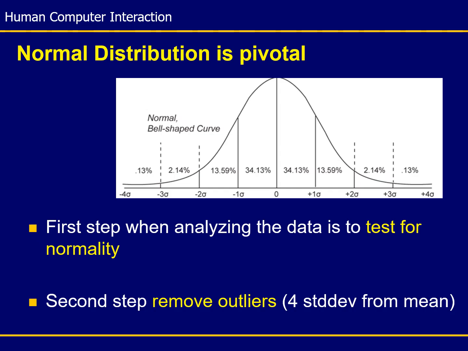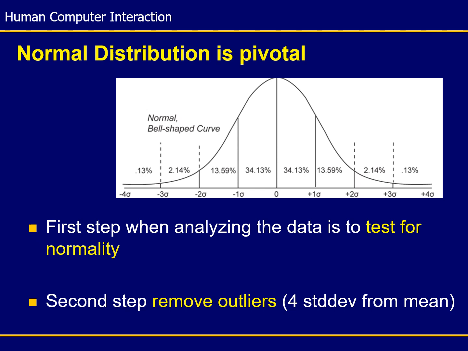So the mean exists in the middle where the 0 is. You measure the standard deviation and you multiply that by 4, it's going to take you all the way to where it says plus 4 sigma. Any point after this plus 4 sigma or minus 4 sigma on the far left of the curve, we're just going to exclude them from our data.